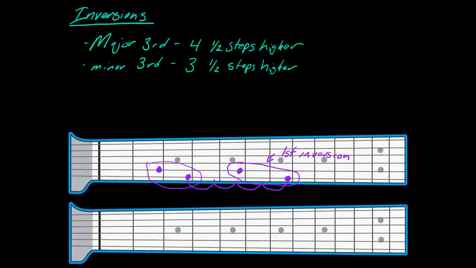Now let me show you what it would look like down here. Let's say we had a G minor. G minor third. So here's the minor third pattern, G minor. Now you would do this same thing. From here, since it's a minor third, you would go up a minor third, which is 1, 2, only 3 half steps.